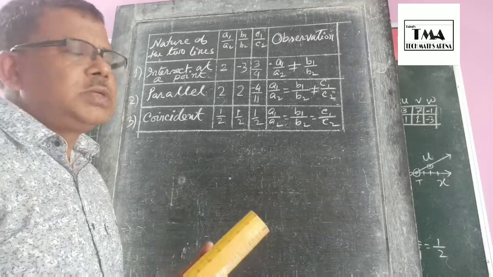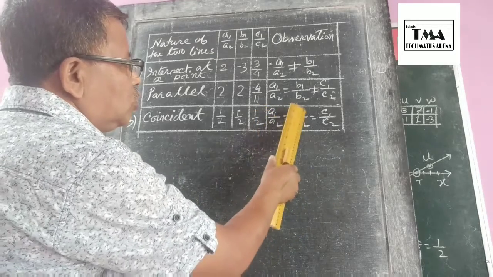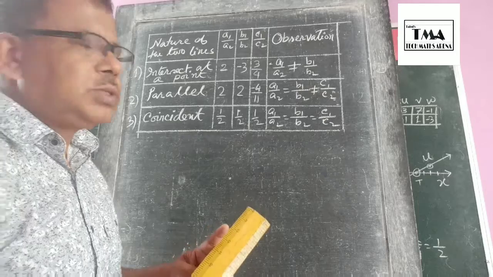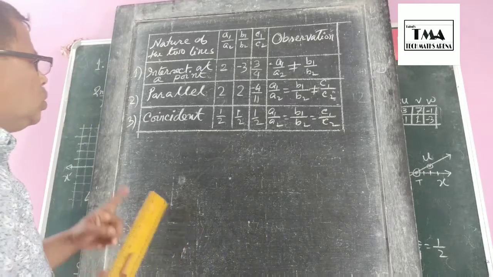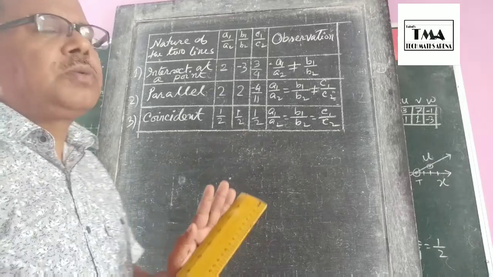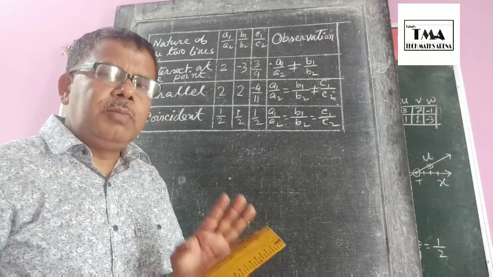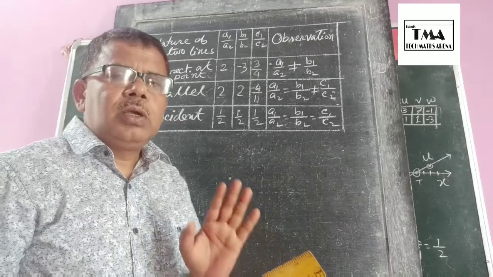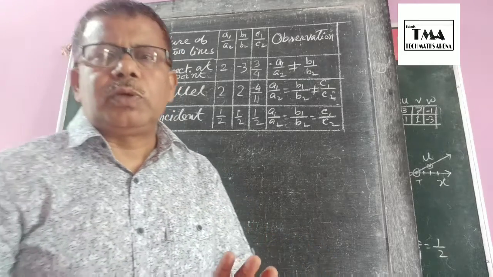So here also we have observed that if a1 by a2 is equal to b1 by b2 is equal to c1 by c2, then we will say that the two lines will be coincident and the number of solutions will be many because the two lines have innumerable common points.